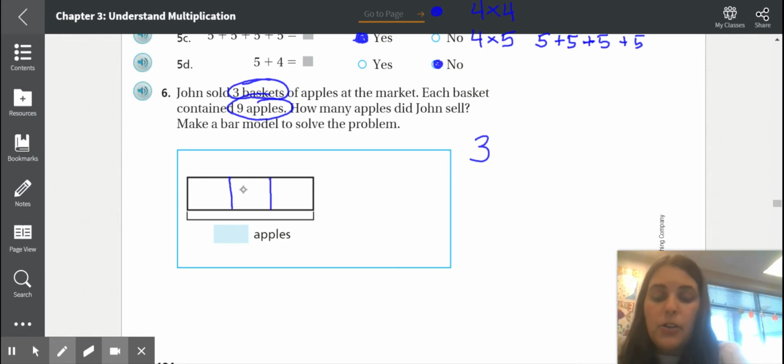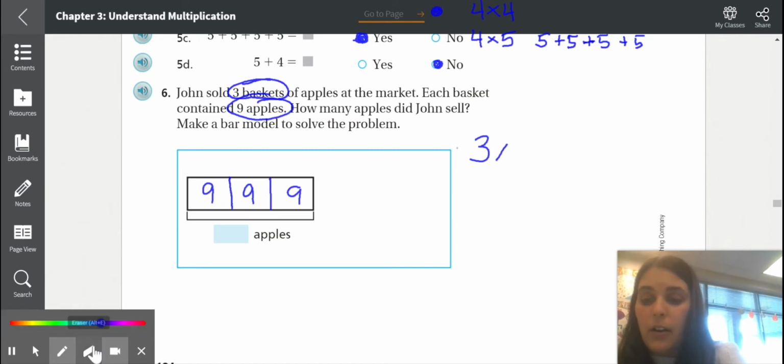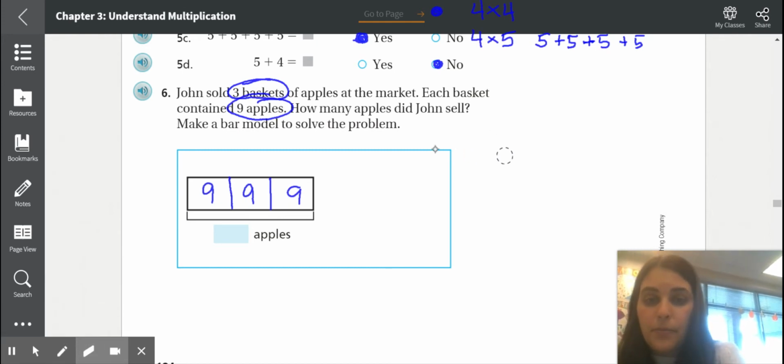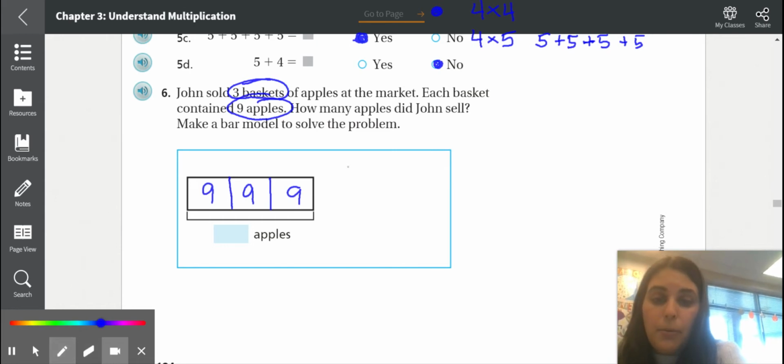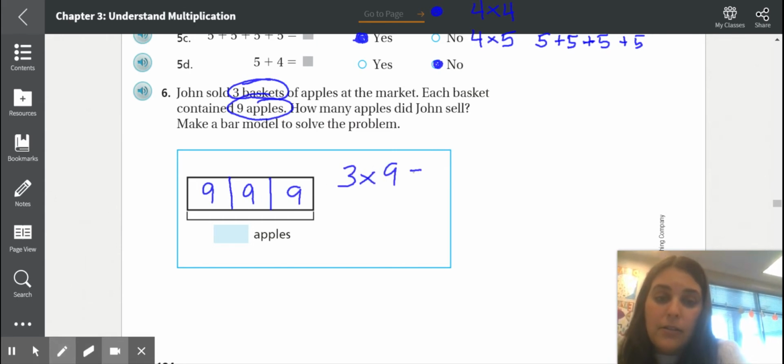So we have 1, 2, 3. Now how many apples go in each basket? 9. So that would be 9, 9, 9. Okay, that's 3 groups of 9. So that's just like doing 3 equal groups times 9.